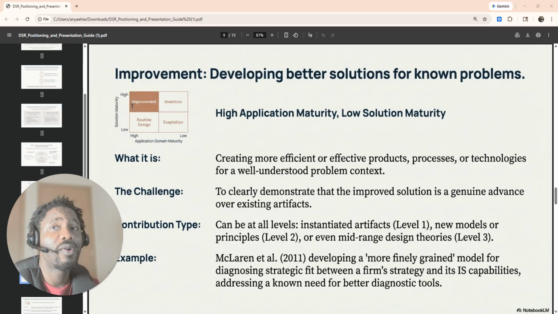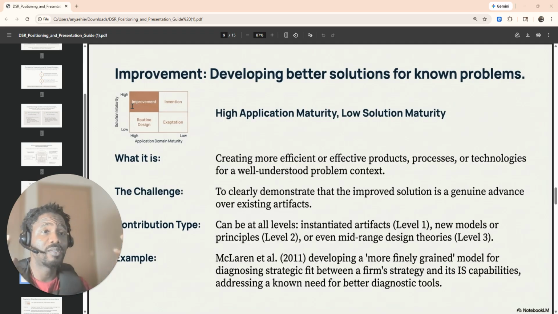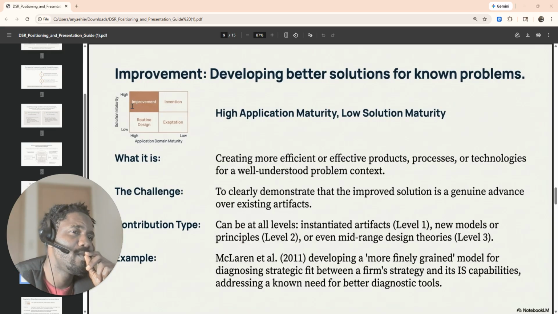You think the current solution doesn't really work, and you feel that you can improve on it. That is a huge contribution for you. So I urge you, when you go about your day, this is your aha moment. Think about things that we use right now that have flaws that you can improve upon, and that's a design science contribution.